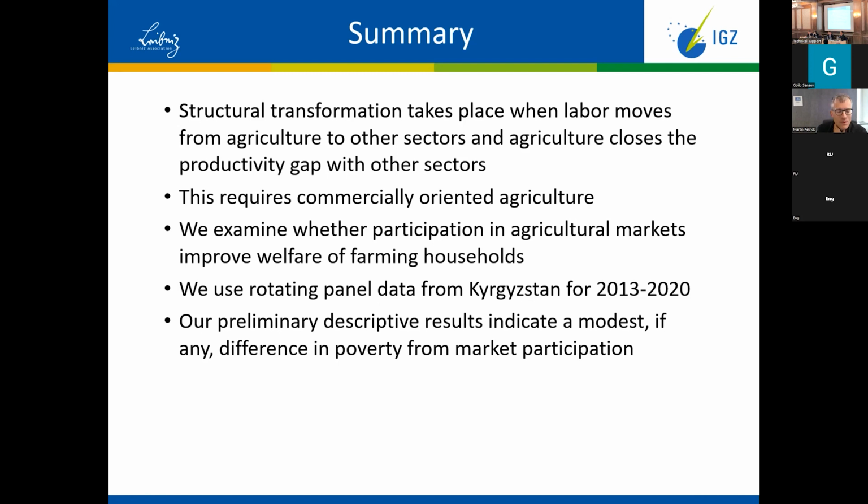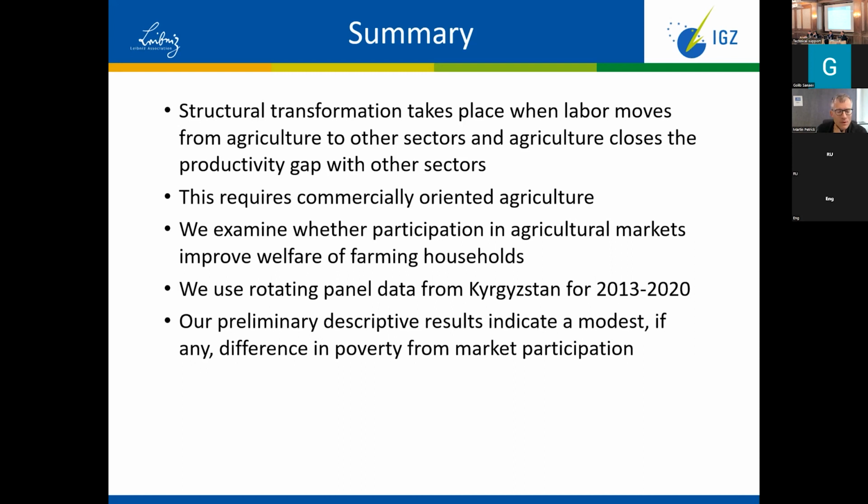And it means that whoever is left in agriculture, to be profitable, they need to trade. And it requires commercially oriented agriculture. And it's definitely the case for most advanced countries. Countries like Germany or Israel probably have a very advanced agricultural sector, very much oriented to trade.